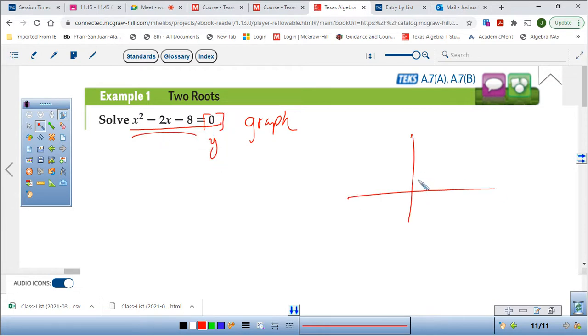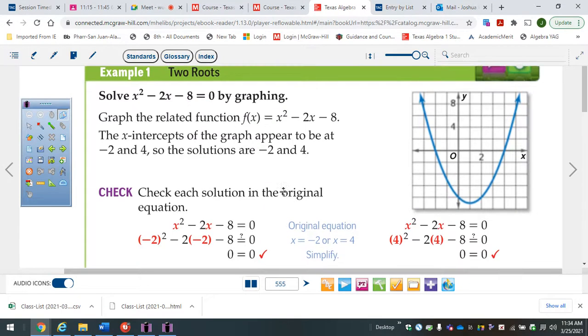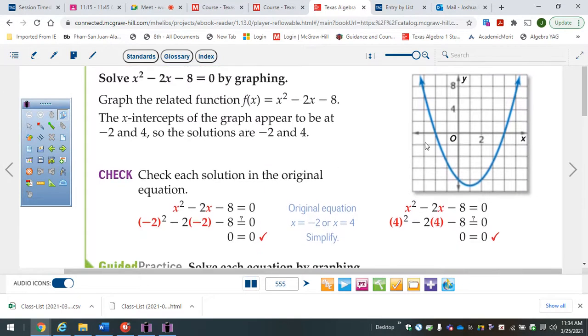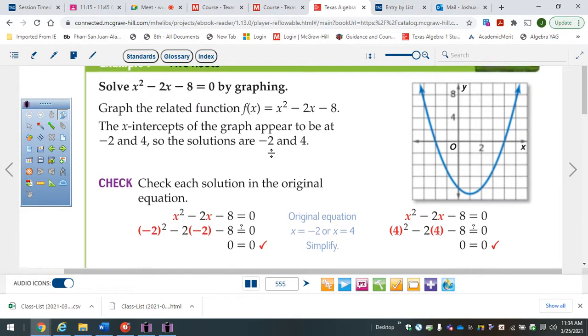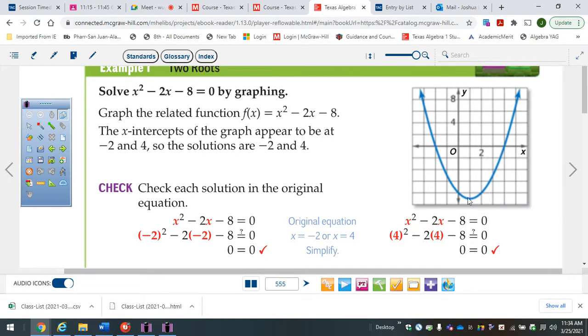What did we get on this one? -2 and 4. So you're going to see this graph, and you should automatically know they're asking for these two things. You got to program your brain to see it like that.